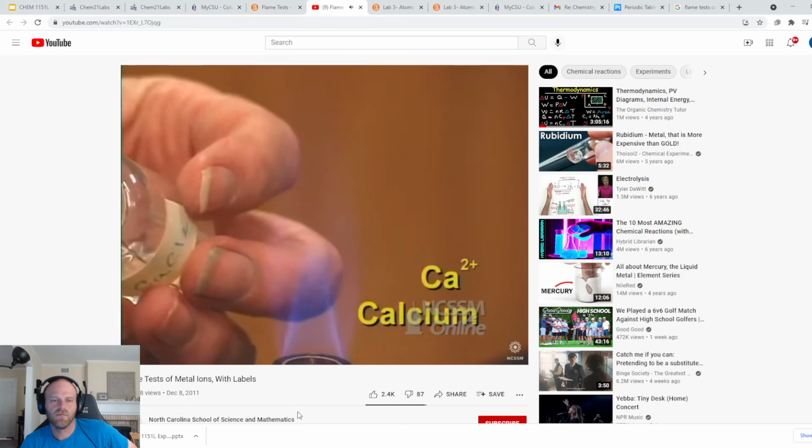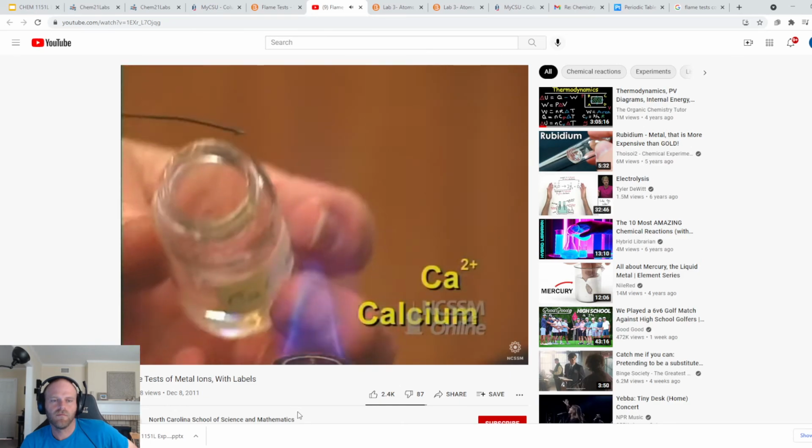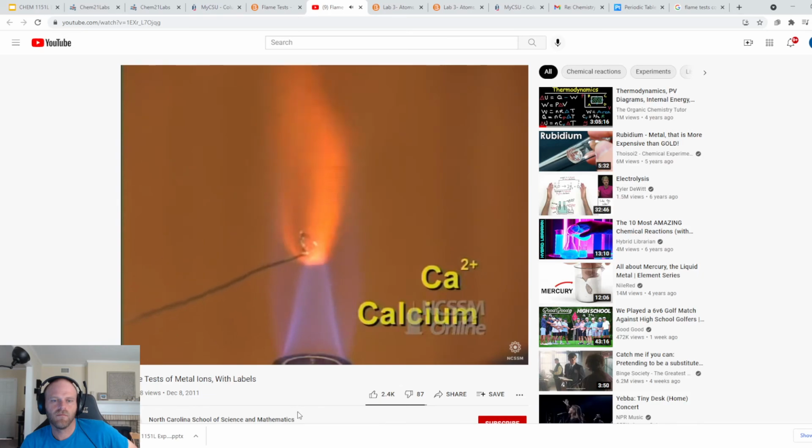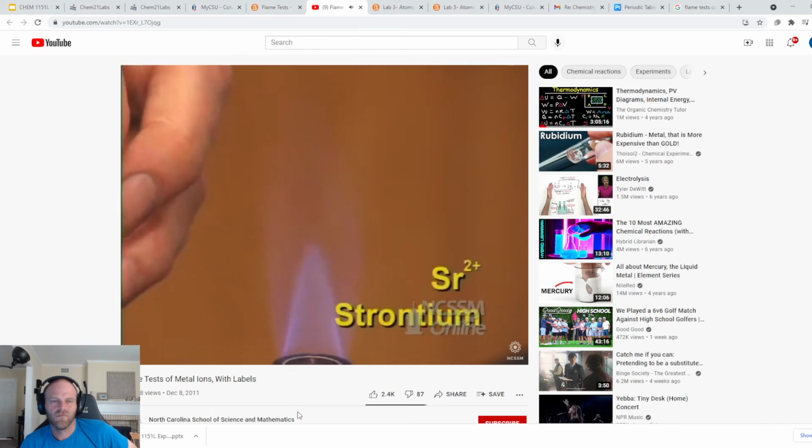This is calcium. Calcium. Sort of a yellow-red. Strontium. This one's a pretty red one.